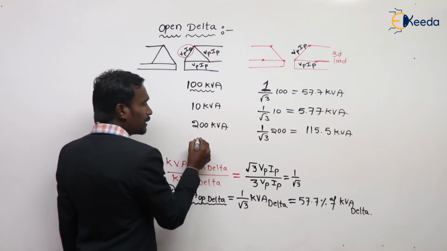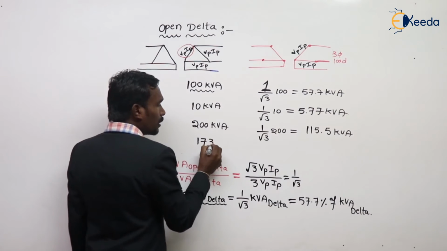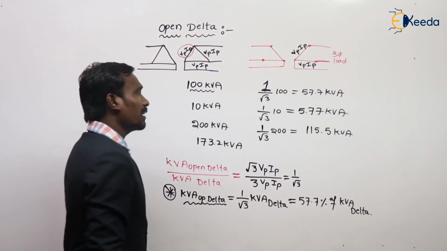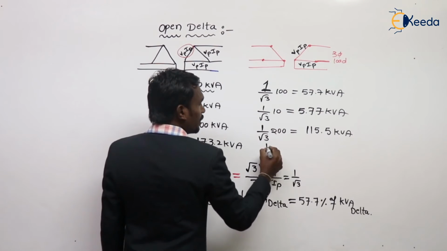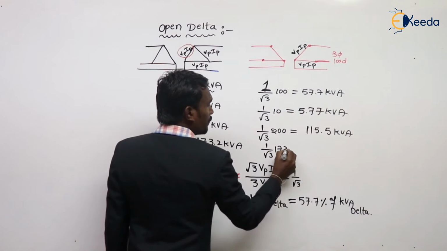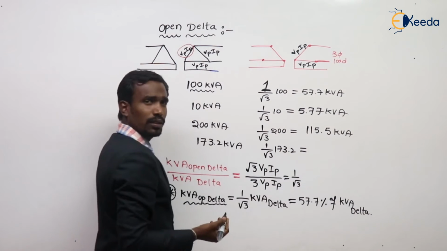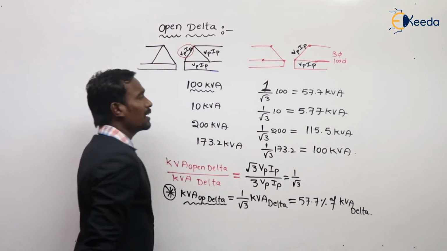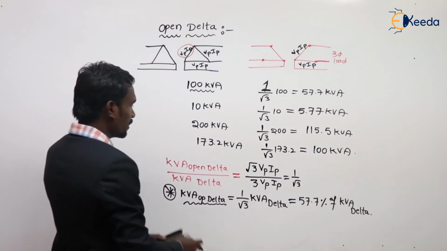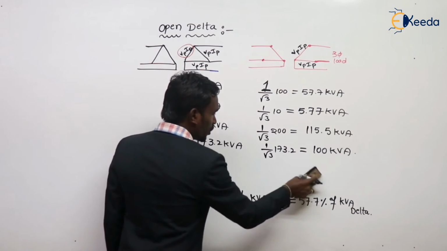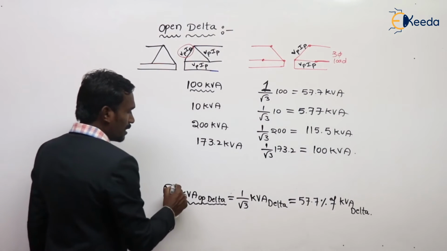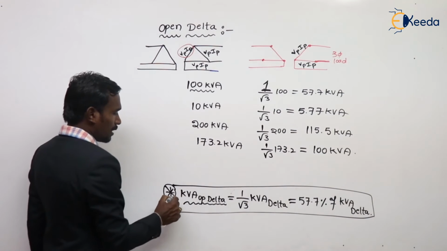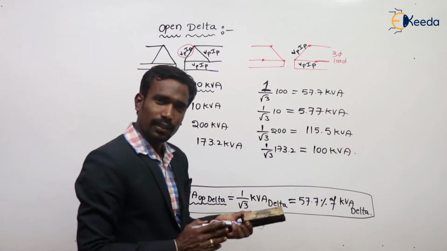For example, in closed delta you can load up to 173.2 kVA. Then what is the load kVA in open delta? That is 1 by root 3 times 173.2, nothing but 100 kVA only. This is the load shared by the open delta corresponding to closed delta.